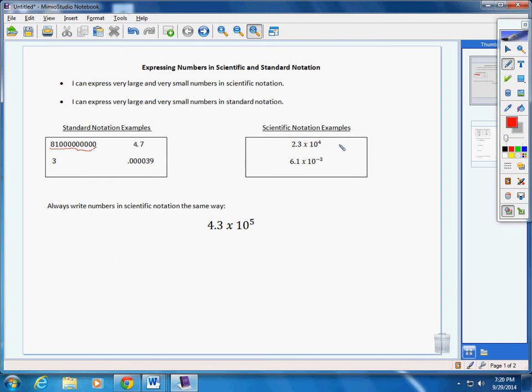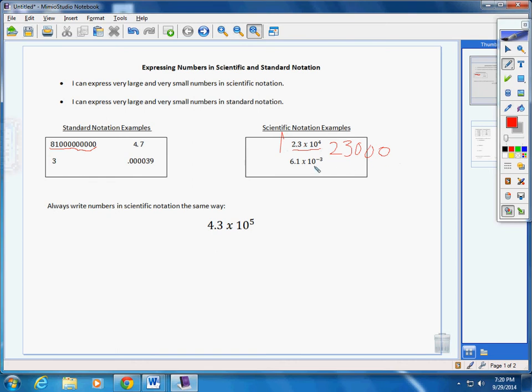Maybe you guys have seen this in the past: 2.3 times 10 to the fourth is going to be 2, 3, and then 3 zeros. So this number right here is merely the scientific notation form of 23,000.